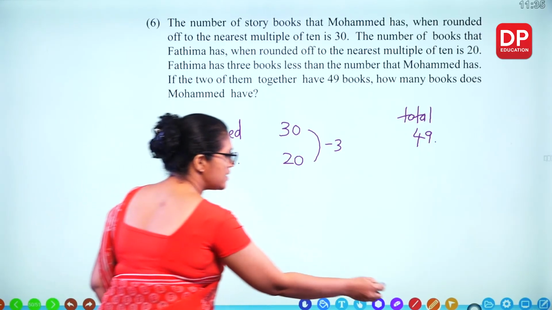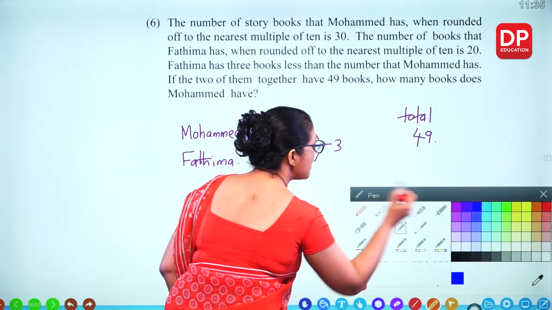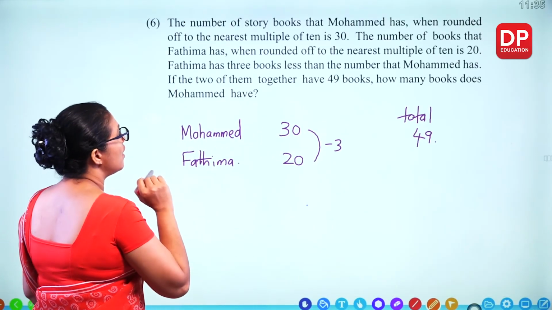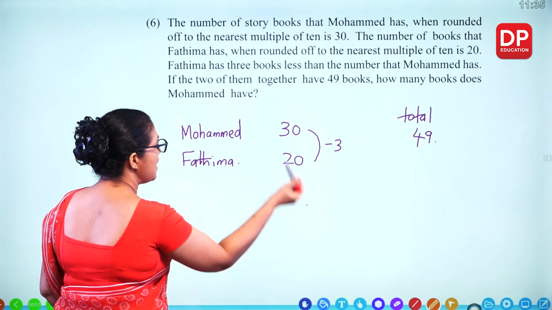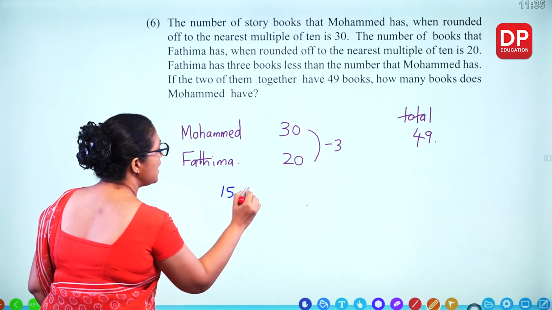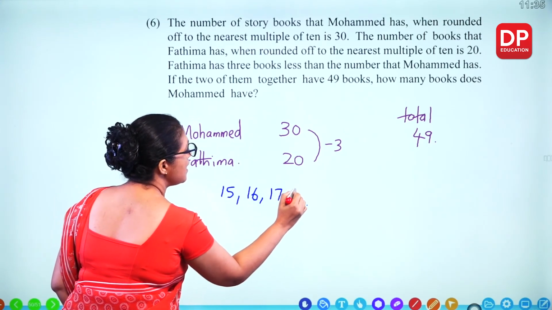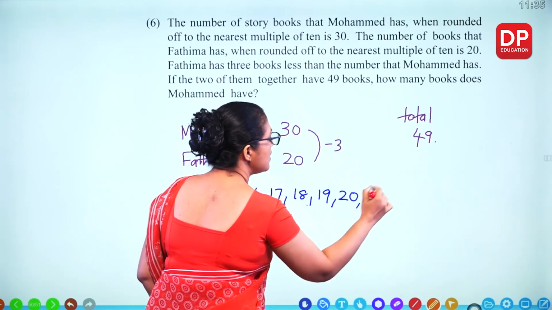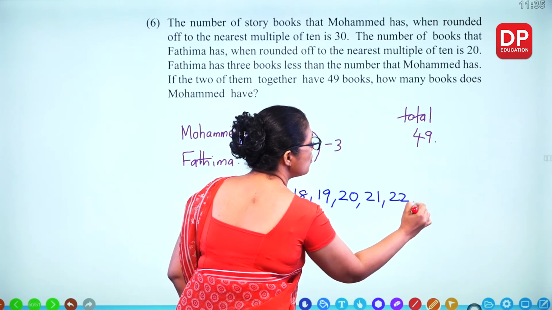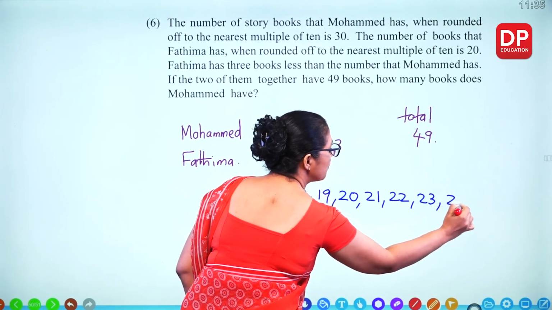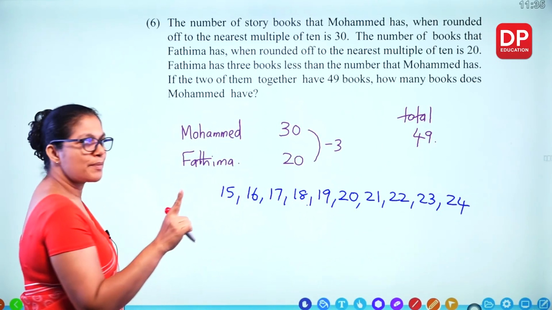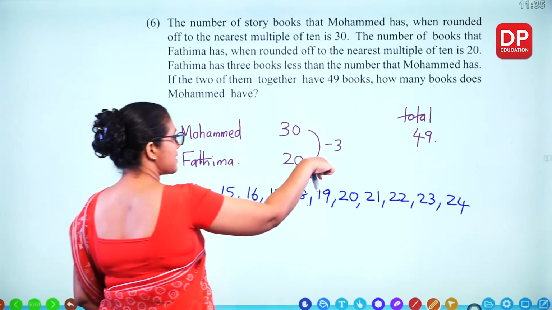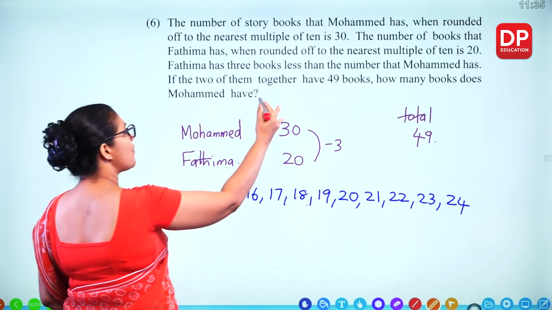If this is 20, what are the possibilities that you can get for this number? 20 means it can be 15, 16, 17, 18, 19, 20, and to this end 21, 22, 23, 24. Those are the possibilities. And this is the lesser number, so you are adding 3 to that.